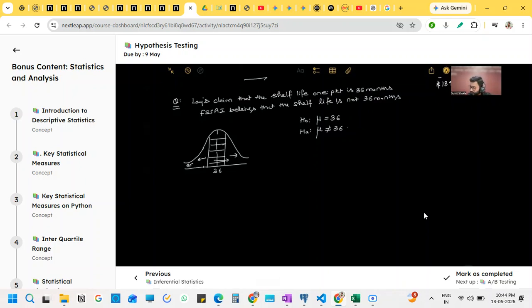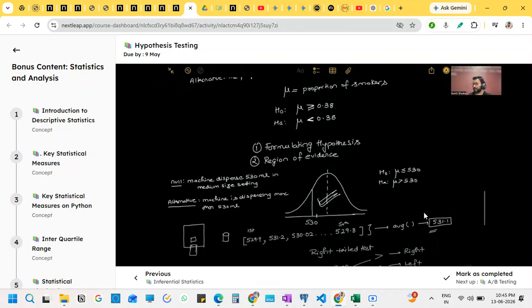So this basically means null is rejected if the value after the test is beyond the acceptance region on either side. So either on the left or the right, if it is beyond that region, we reject. Okay. So this is how we decide the type of test.